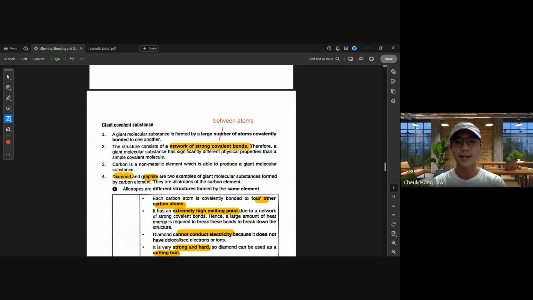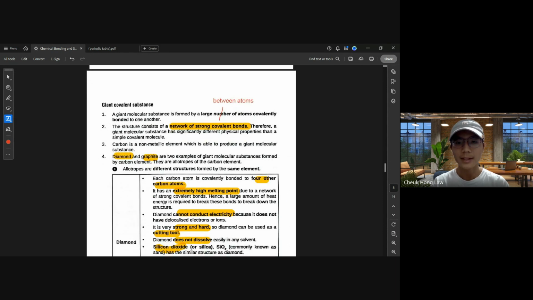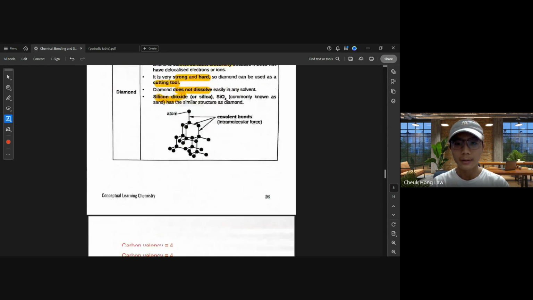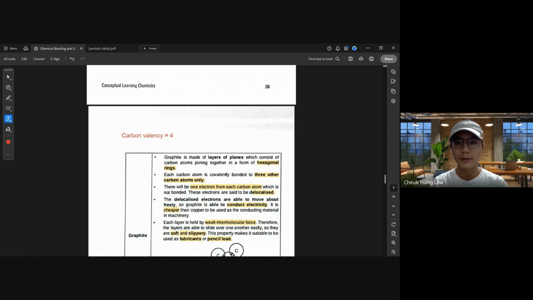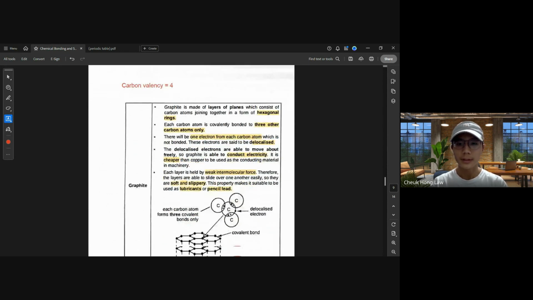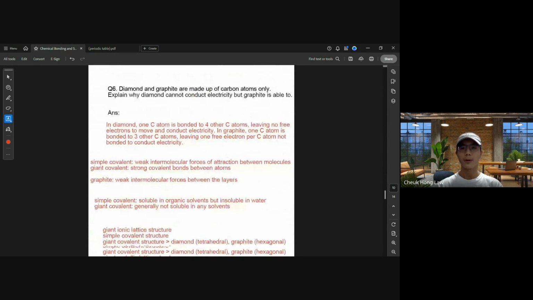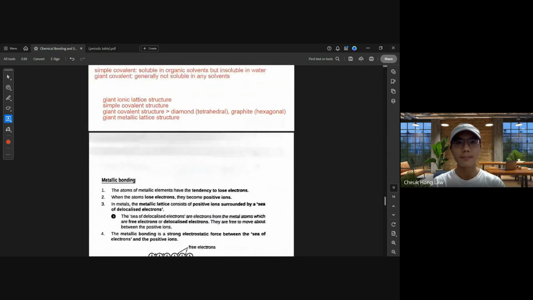So you just need to state what all giant covalent substances have in common. First thing is the strong covalent bonds between atoms. Then the second thing is high melting point. And that's about it, because the others are all different. So talk about the bonding. The bonding is always the same.